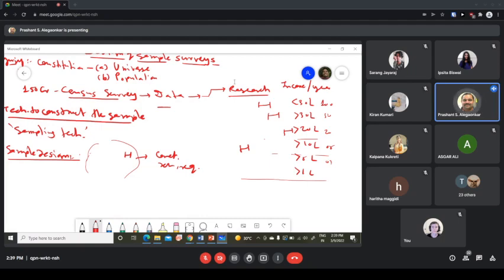Sample design may also lay down the number of items to be included, that is, the size of the sample. For example, I cannot go in bits and pieces, so I may want to see how many of them are below 50,000 rupees per year. It is in our hand to set an interval.